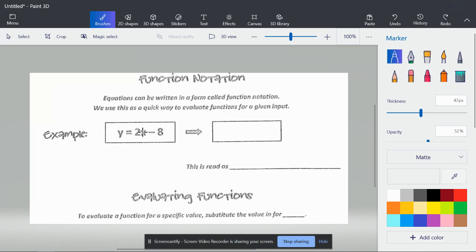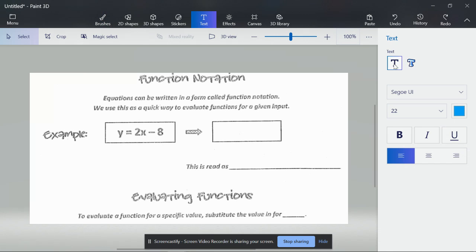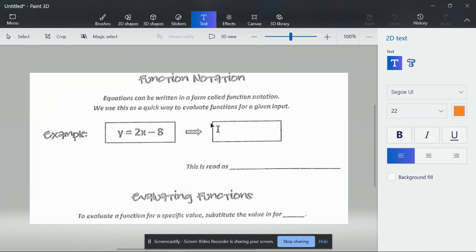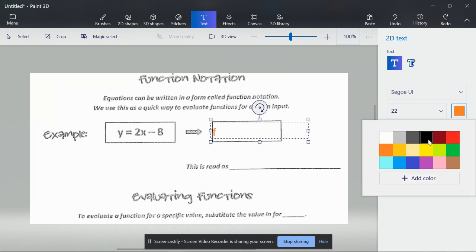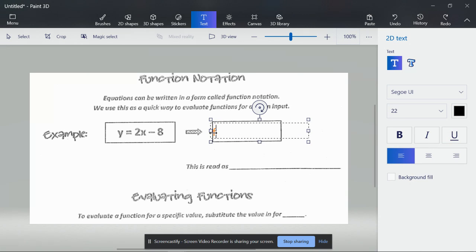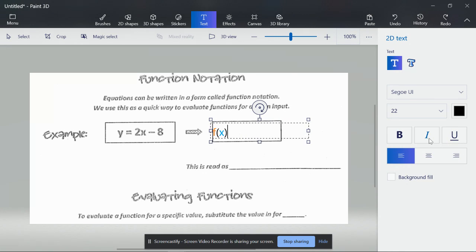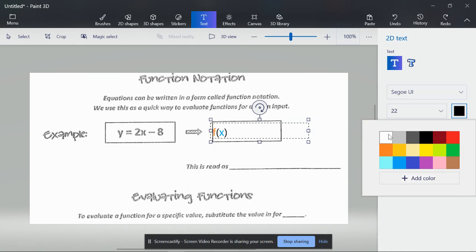So the main way you will see this rewritten, stick with me, I'm going to do some color coding, is you're going to see f, or some other letter here, it could be a g or an h, and then you'll see a parenthesis, and then x, another parenthesis, and then it's just the rest of the equation.